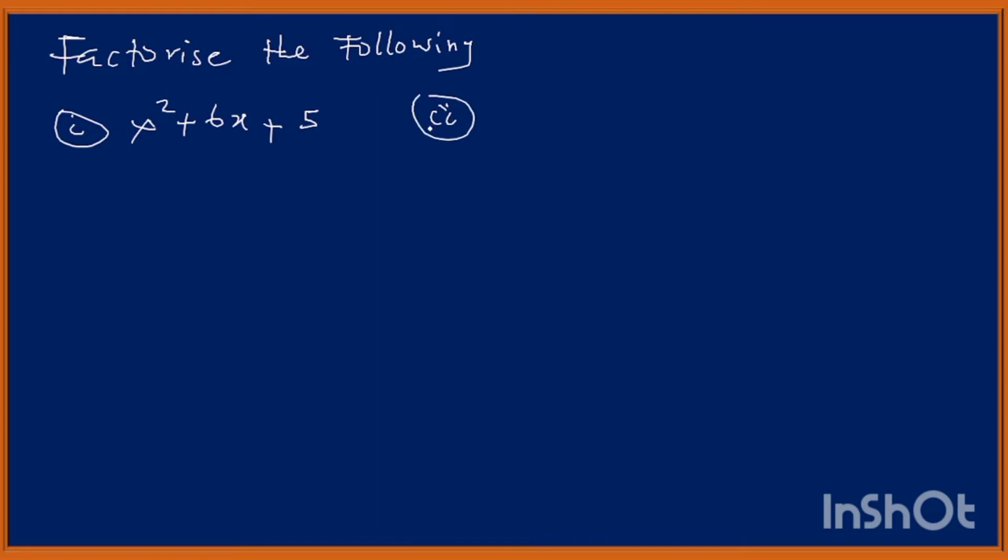The second one is m squared plus 11m plus 18. We're also going to look at x squared minus x minus 72.